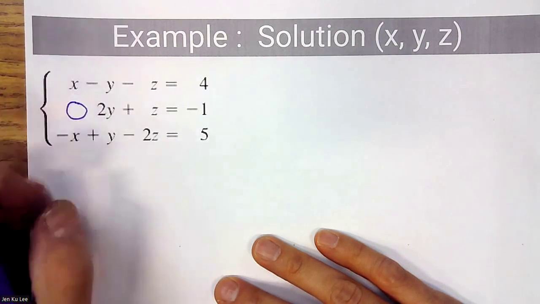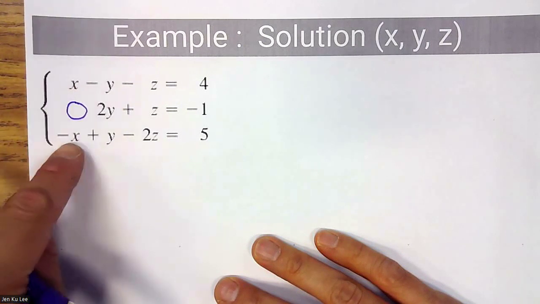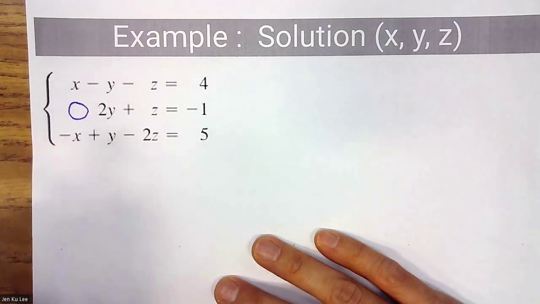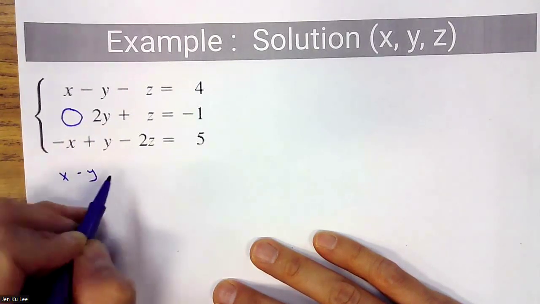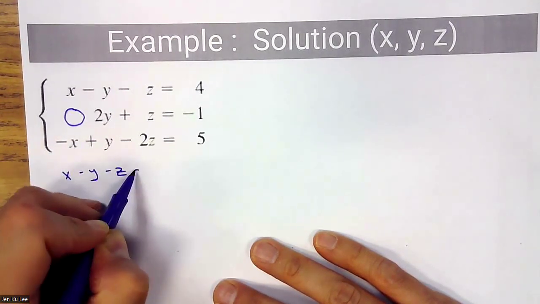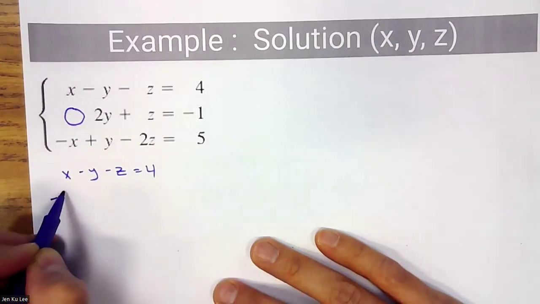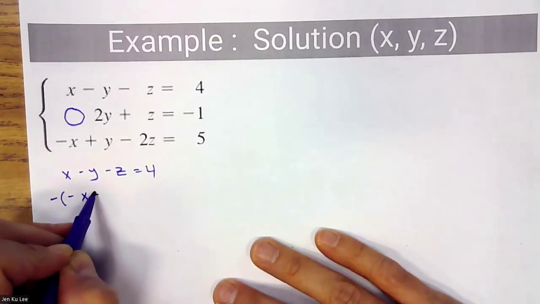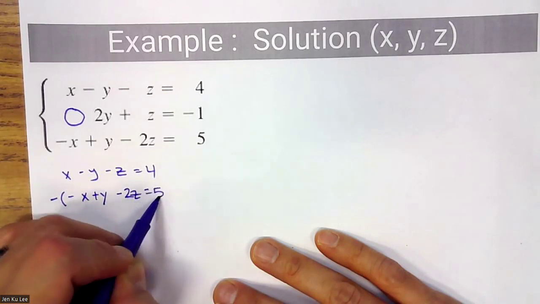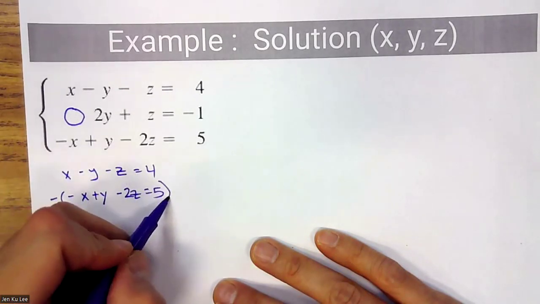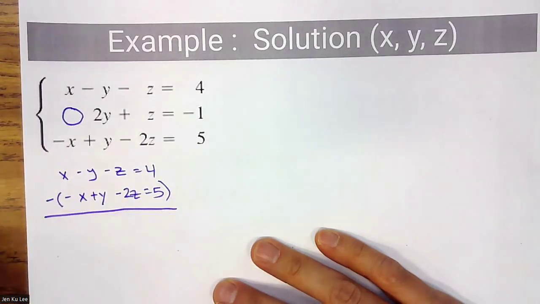So I'm going to subtract the first equation by the last equation. So that's x minus y minus z equals 4 minus negative x plus y minus 2z equals 5. Right?